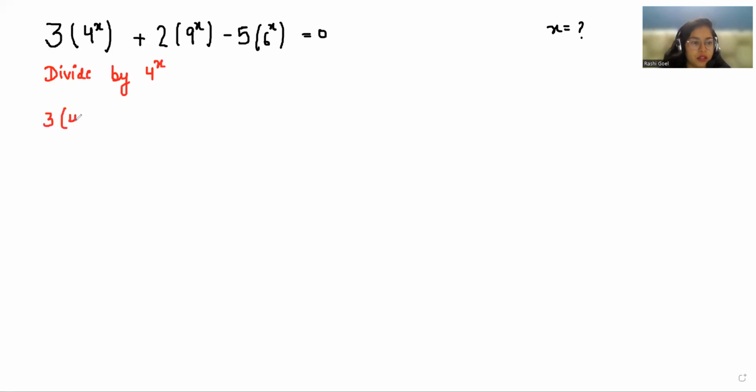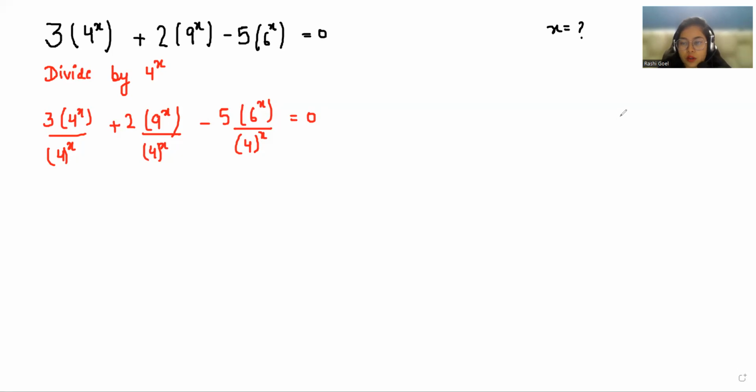After that, it looks like this: 3 plus 2, 9 power x divided by 4 power x, minus 5, 6 power x divided by 4 power x, is equal to 0.